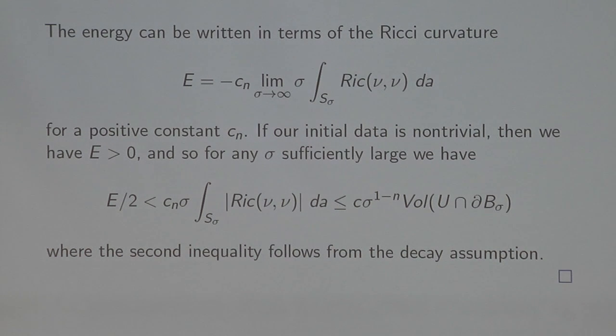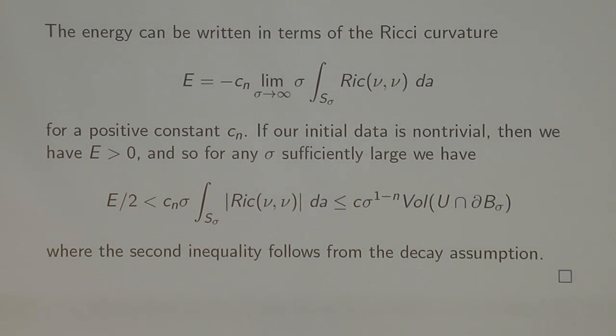And so in particular, if I take the sphere large enough, the integral there is bigger than, say, e over 2. If I take absolute values, it tells me e over 2 is less than this constant times sigma times the integral of the absolute value of the Ricci. And I'm assuming the fall off like x to the Euclidean plus order x to the 2 minus n.